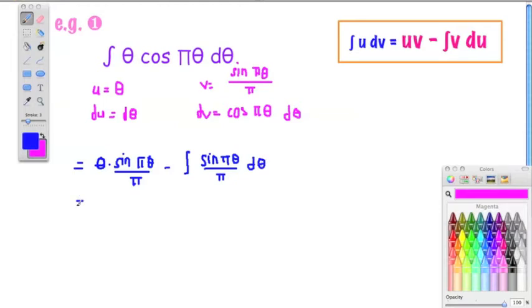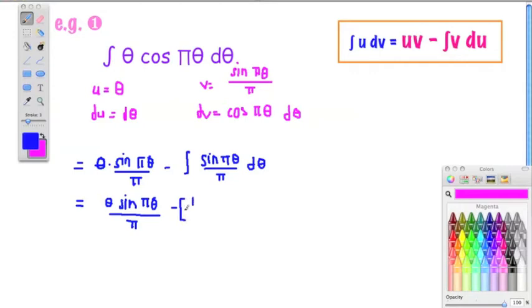Then we continue. We get theta sin pi theta over pi, minus the integration of sin pi theta over pi d theta.